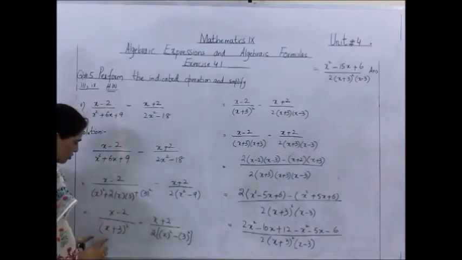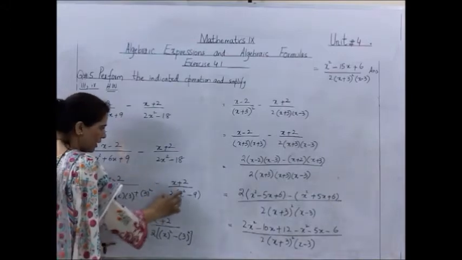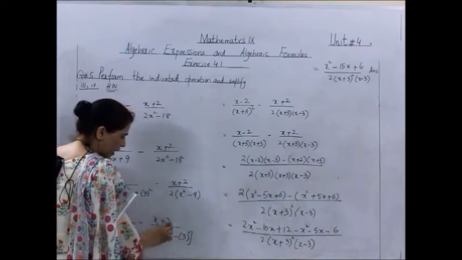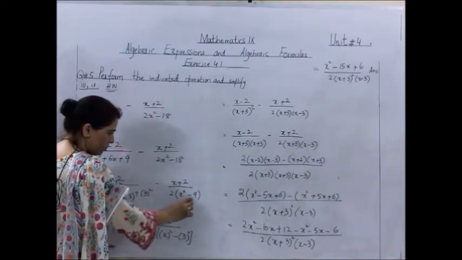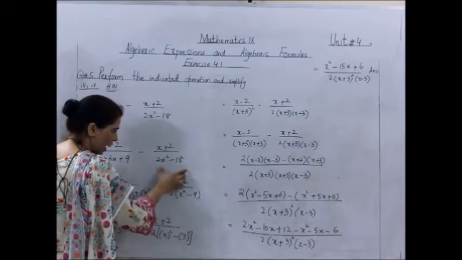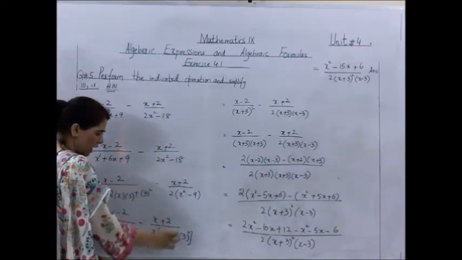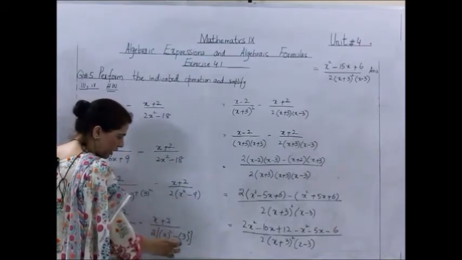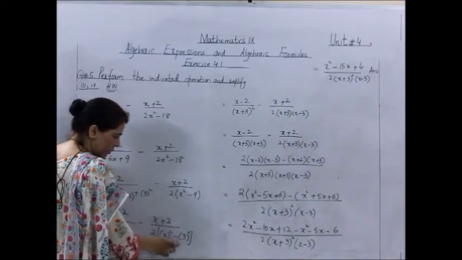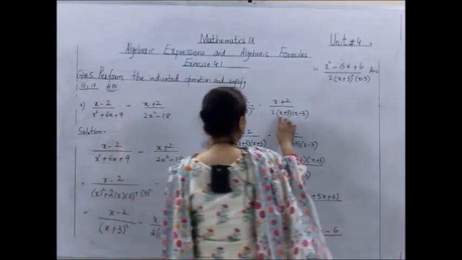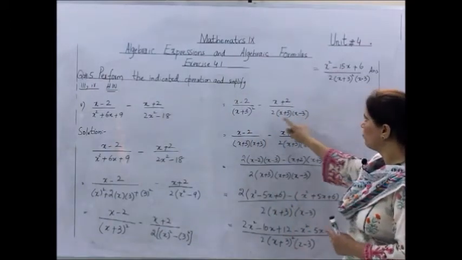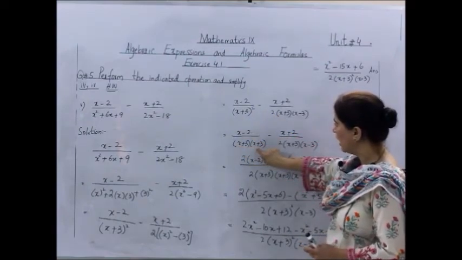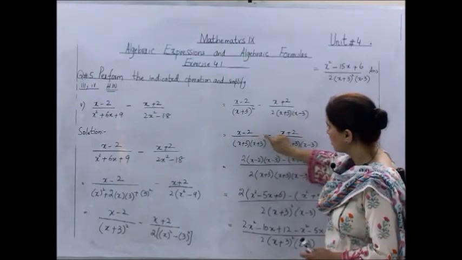So you have x minus 2 over (x plus 3) whole square, minus x plus 2 over 2 times (x square minus 9). Again, we can write x square minus 9 as x whole square minus 3 whole square, because we have to make factors. a square minus b square becomes (a plus b)(a minus b). (x plus 3) whole square we can write as x plus 3 times x plus 3; bases are same, exponents are added.